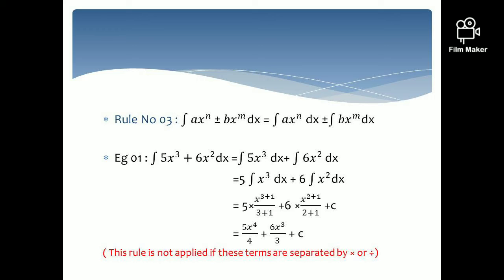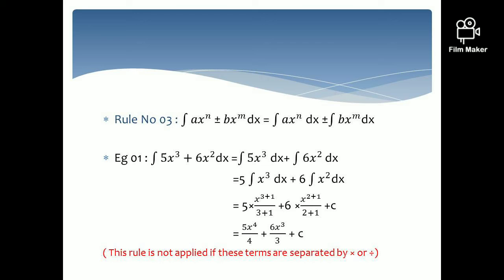For example, if you integrate 5x to the power 3 plus 6x to the power 2, you can see that 5x to the power 3 and 6x to the power 2 are separated by an addition sign. Therefore, you can integrate them separately and add them together. Then your answer turns into 5 times x to the power 3 plus 6 times x to the power 2, using the second rule.